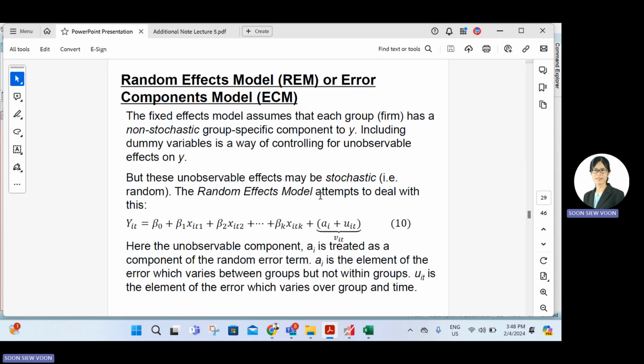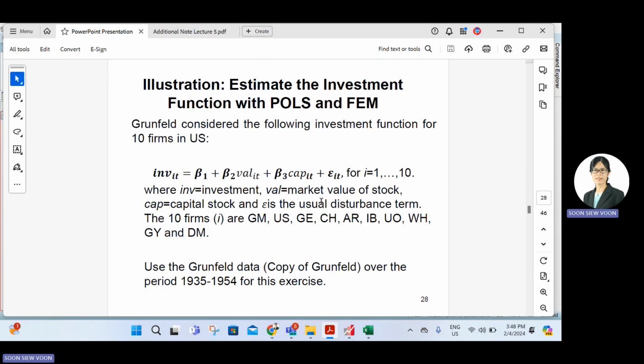Maybe I briefly discuss the models, because after the semester break I will touch on these. One of the next chapters is the random effect model, because we already talked about the pooled ordinary least squares.